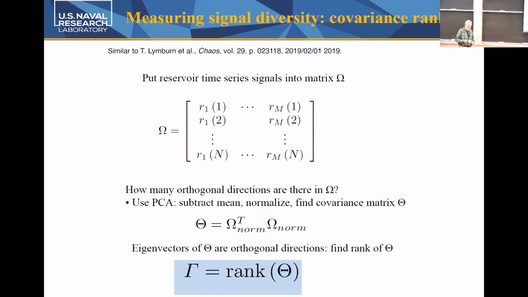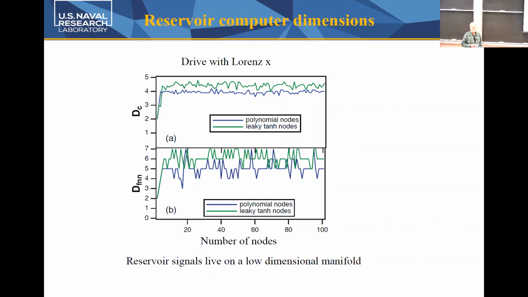Well, I want to measure the signal diversity in a different way. Yes, I just have a question about what you just said. Is it right that basically if you pick the right nonlinear function, the right answer is 3? You want to know if I picked the right parameters, whether the answer is 3? These are two different types of reservoirs, and yet they give a very similar dimension.